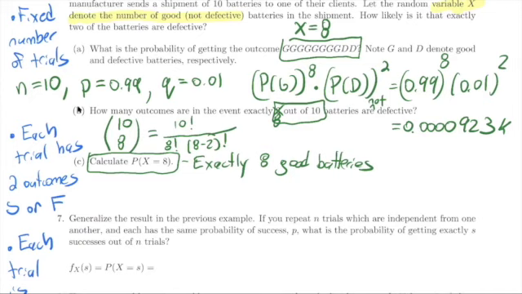First, how likely is it that we would get any one shipment of 8 good batteries? That's what we calculated up here. The next thing is, how many different ways can we accomplish that? And that's what we get from this.